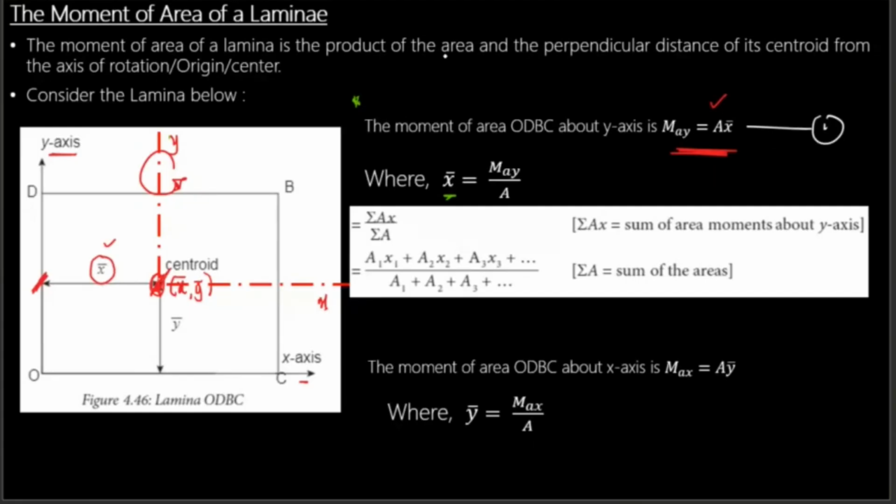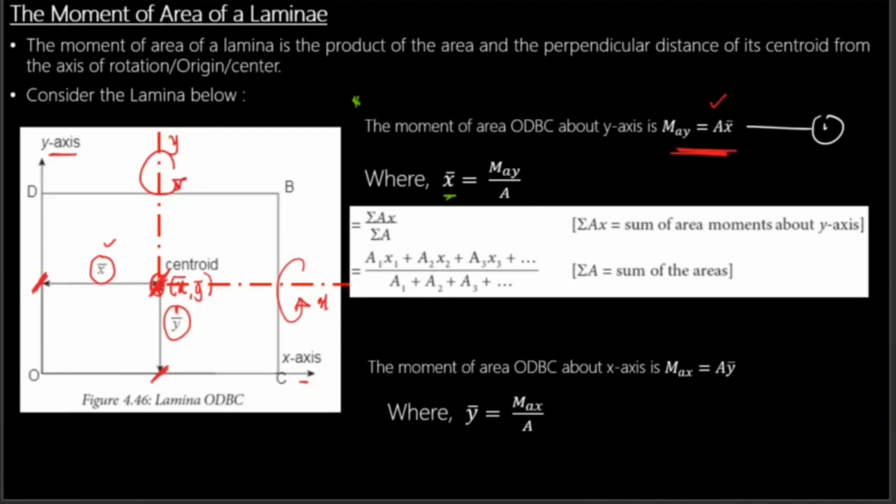The same thing applies if you want to determine the moment of area about the x-axis. It simply means that it's rotating the other way. You multiply the area of that lamina by the distance between the axis of rotation and the x-axis, which is y bar.